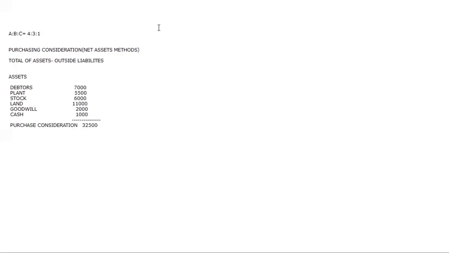Now here comes the realization account. First foremost we will prepare the realization account, so that is what I'm preparing here. Now in this one, let me tell you one more thing in the working notes. The total of purchase consideration is how much? It's 32,500.